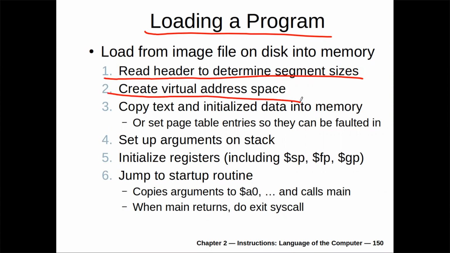We haven't talked about what virtual address space is yet, but imagine it will do some reservation of machine resources, memory resources, right? Then the text and data sections will be copied into memory from the file. And if you have a page table, again, don't worry about it if you don't understand what it is, the page table will be created.